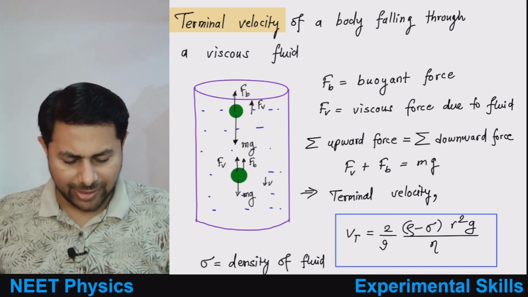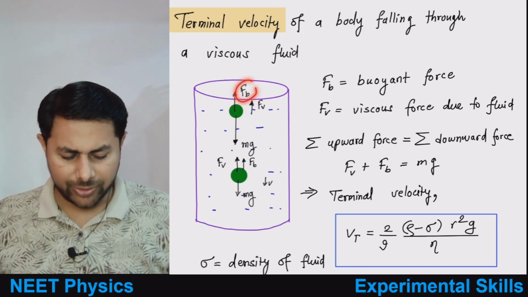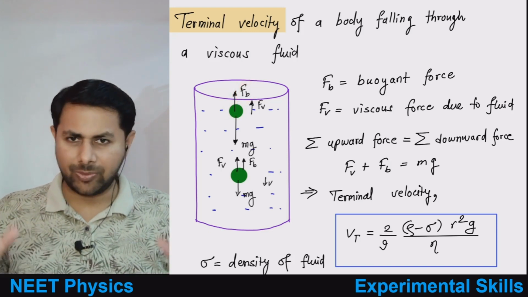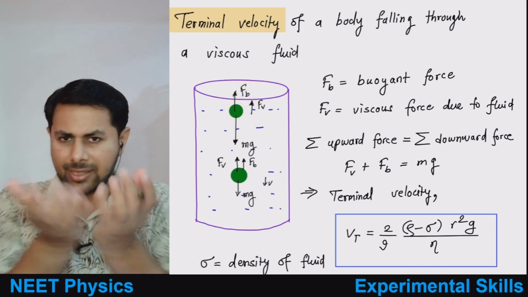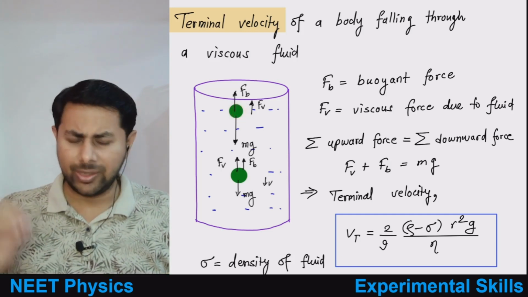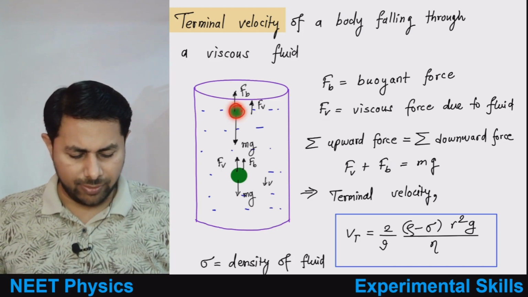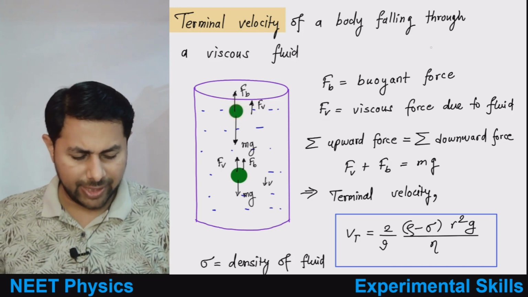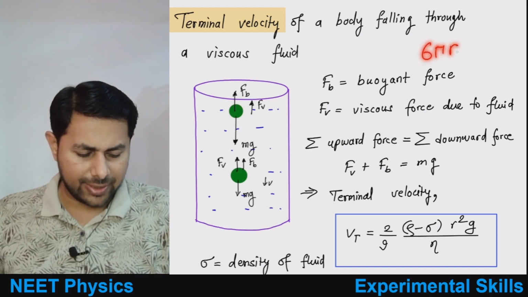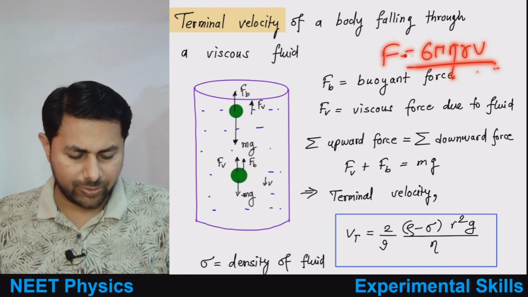But then there are other forces. One is the buoyant force due to the liquid, which acts upwards, and one is the viscous force. The viscous force is given by 6 pi eta RV.